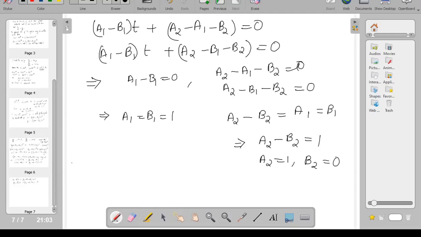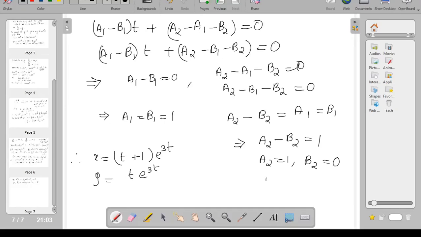So therefore the solution will be x equal to a1t plus 1, times e raised to 3t, and y will be b1t plus 0, so t e raised to 3t.